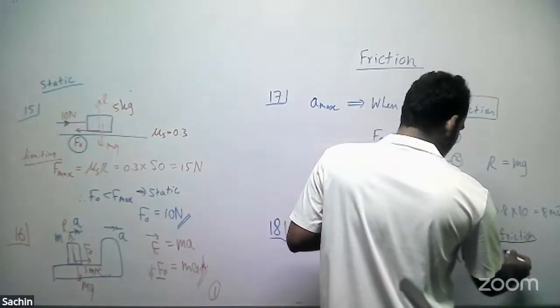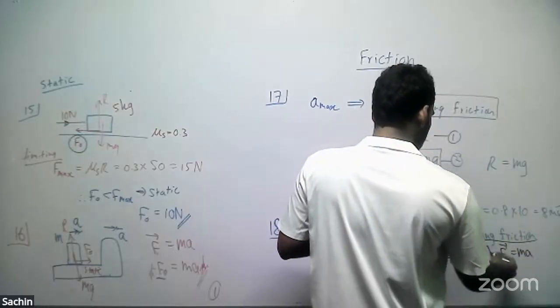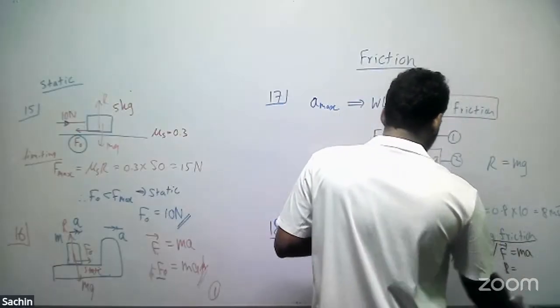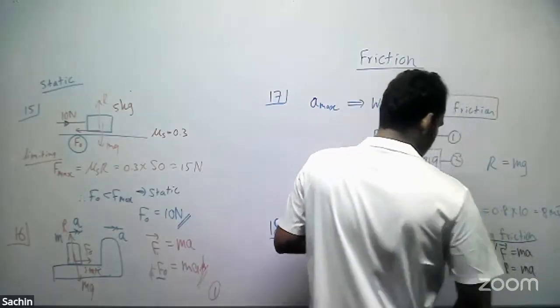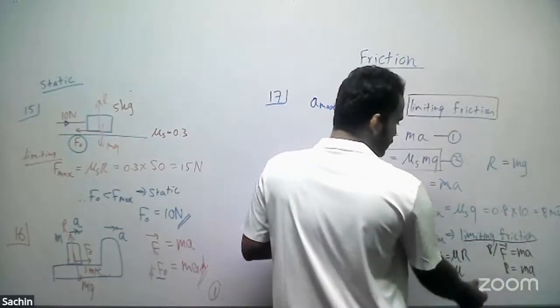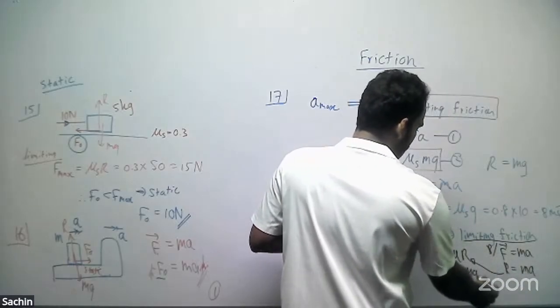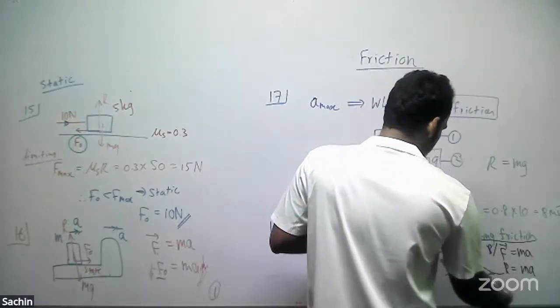So if you put F equals ma horizontally for B, you can evaluate R. R should be equal to m times the acceleration a. So here mu times R is equal to mu ma. So this is the second equation for the friction.